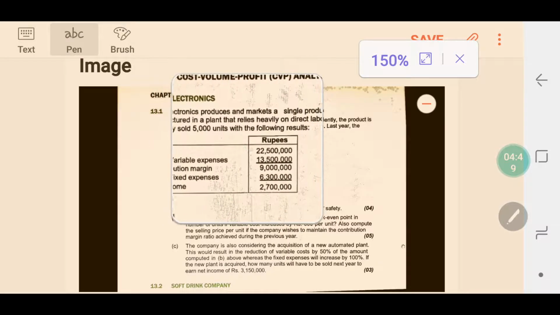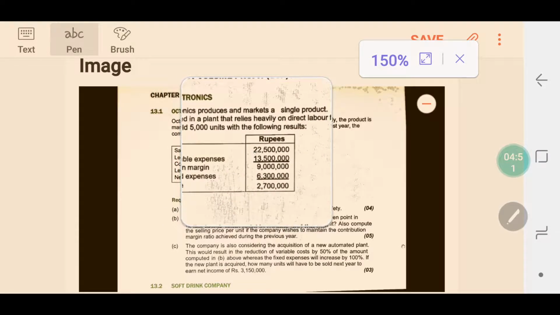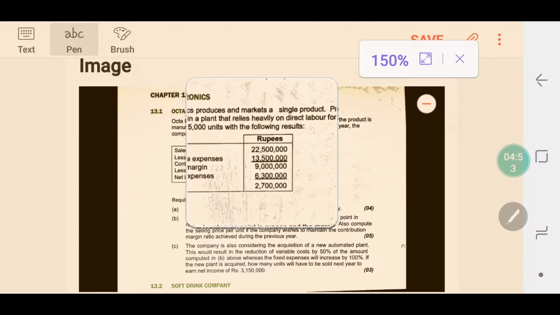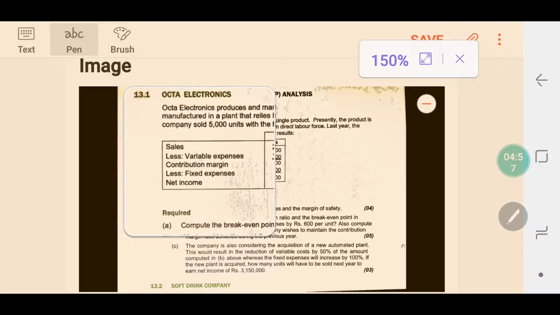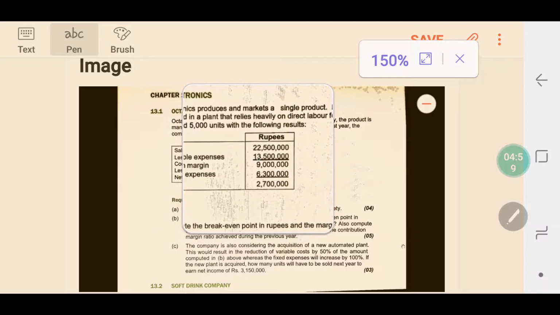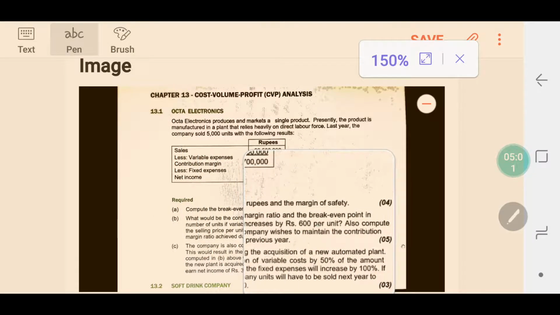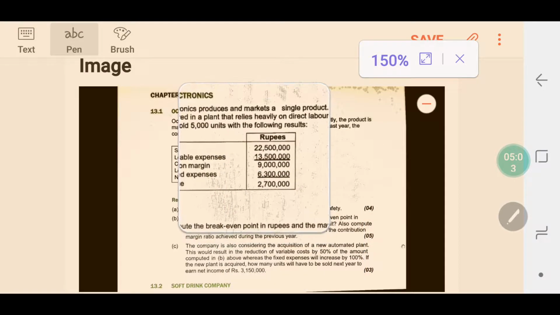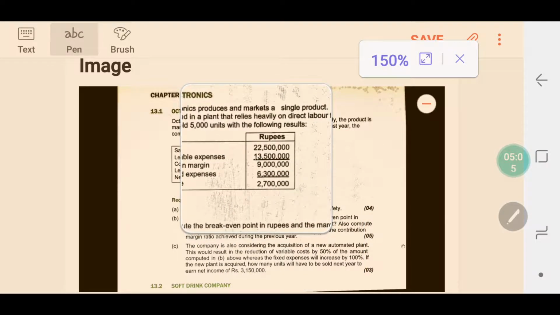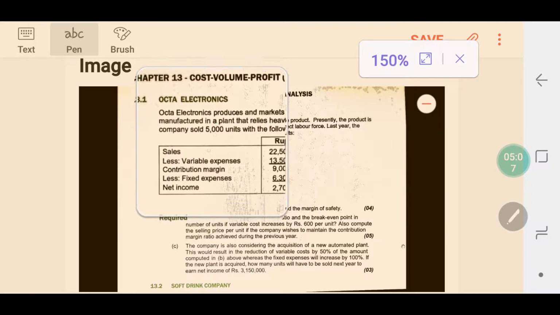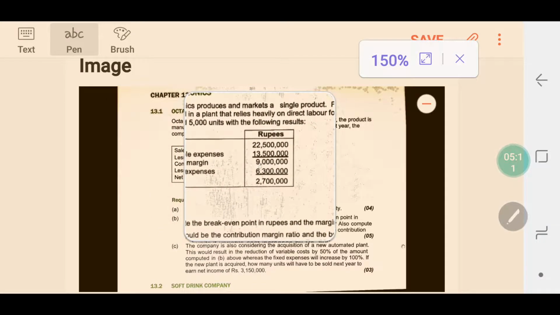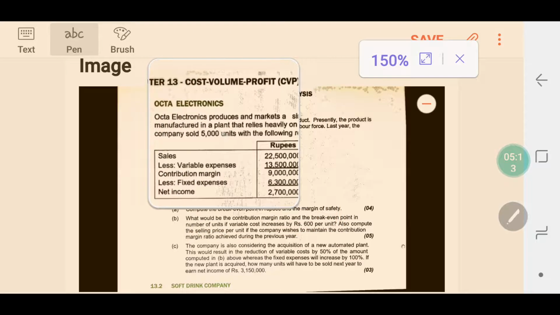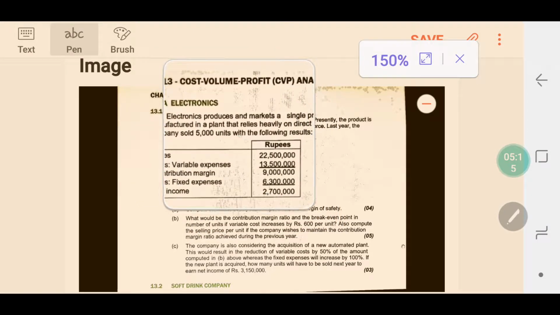So to get price per unit, you have to take 22,500,000 divided by 5,000, and to get variable expenses per unit before the increase of 600 per unit, you will take 13,500,000 divided by 5,000, and to get contribution per unit we take 9,000,000 divided by 5,000 per unit.